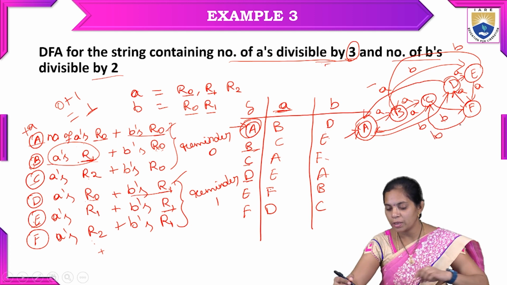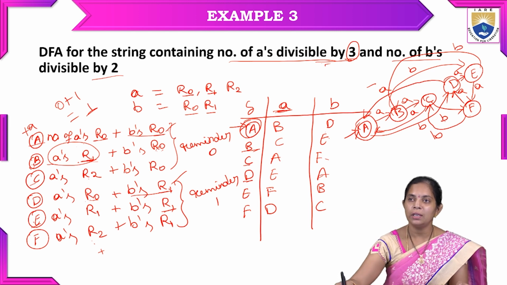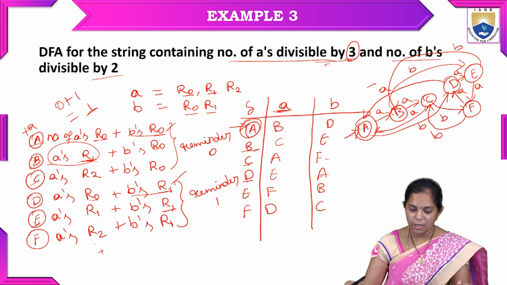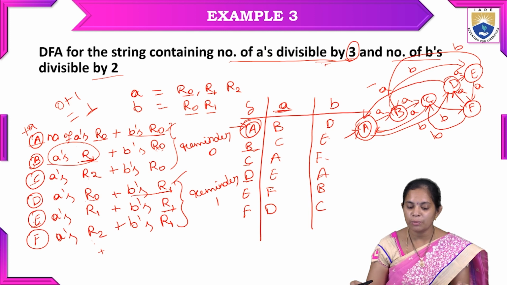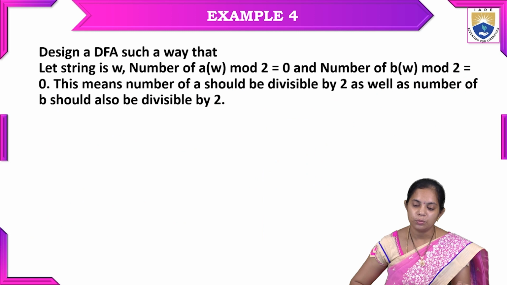So this is how we write the transition table, and we can also construct a transition diagram. This is about the number of A's divisible by 3 and number of B's divisible by 2.